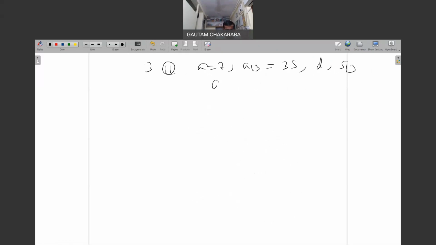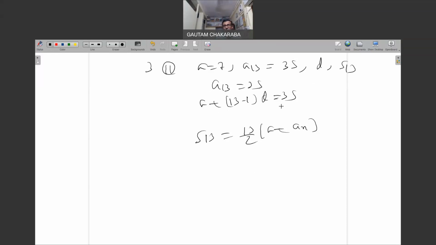So you apply A13 is equal to 35, A plus 13 minus 1 into D. After putting the value of A, you can find the value of D. After that, apply S13. That is very simple. After finding D, you apply S13 is 13 by 2, A plus last term, because A13 is given.